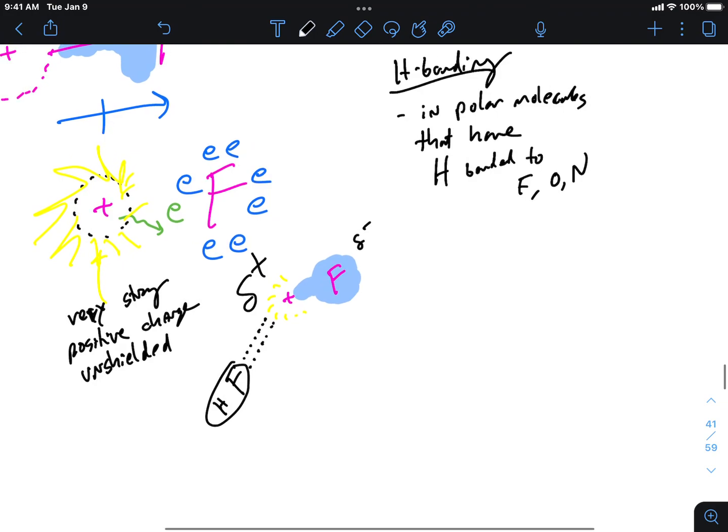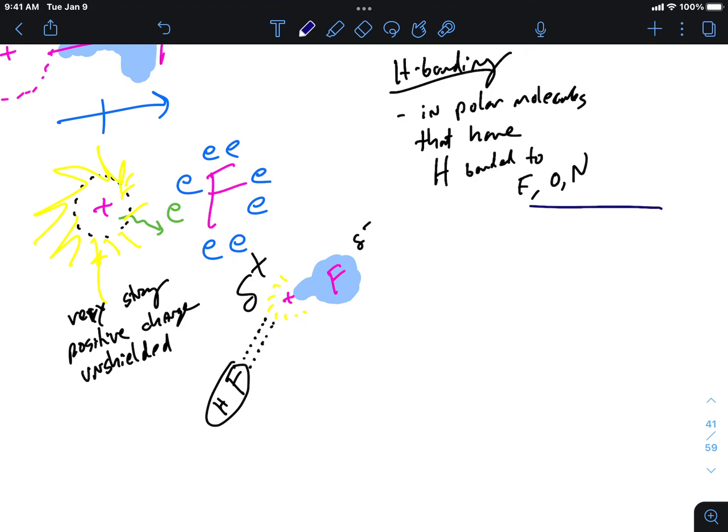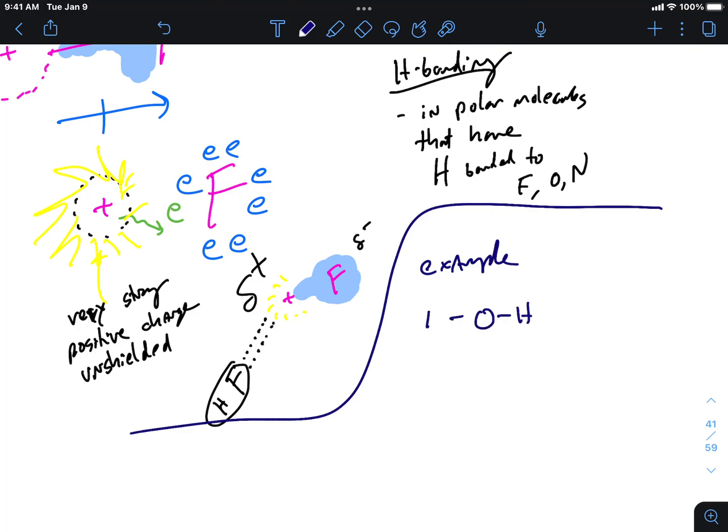So let me give you some more examples and some non-examples. Example: water. Remember the shape of this? There's two bonds and two lone pairs.